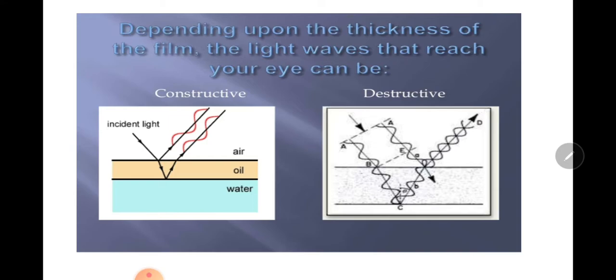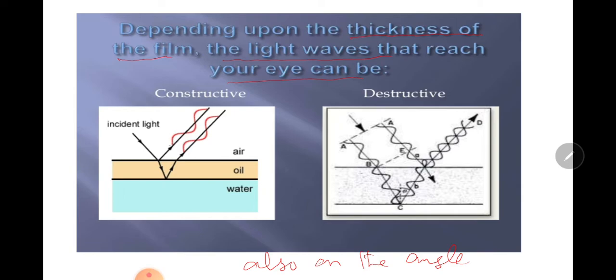Now, the interference pattern produced depends upon the thickness of the film, on the light waves that reach your eye, whether it is monochromatic or not, and also on the angle of incidence, the angle at which it falls on the surface.